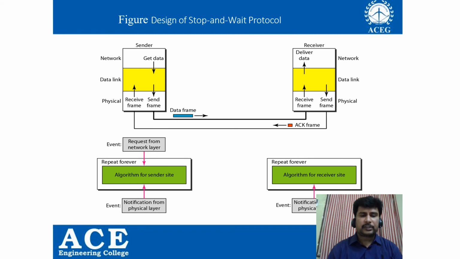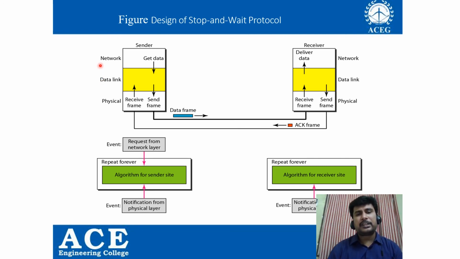Let us look at the design of the stop and wait protocol. As discussed in the previous protocols, the data link layer of the sender receives data from the network layer in the form of datagrams. Then the data link layer adds the header and trailer, which consist of source and destination MAC address and also the information for error detection and correction.